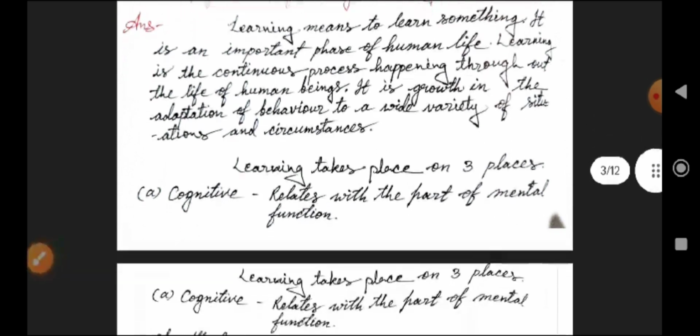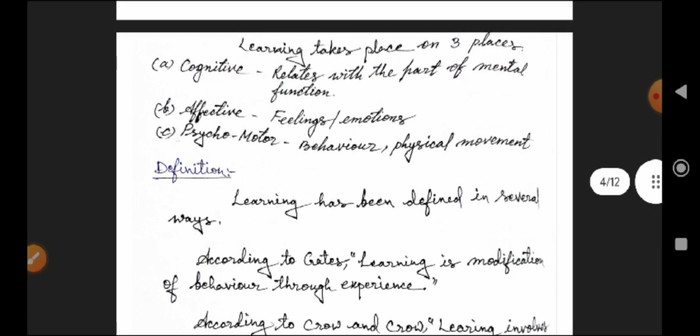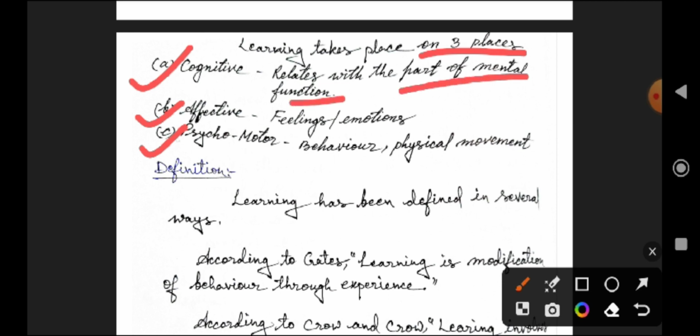Next, see, learning takes place on 3 phases or 3 places. First, cognitive, second, affective, and third, psychomotor. So friends, what is cognitive? Cognitive relates with the part of mental function. Okay. Next, affective.